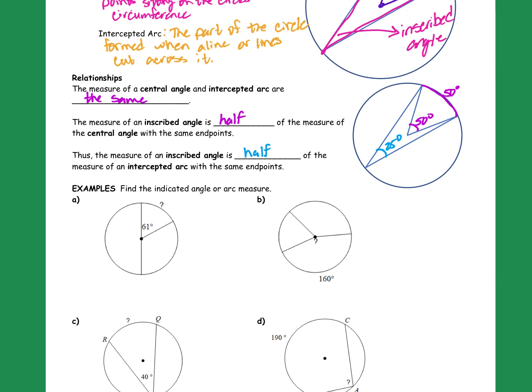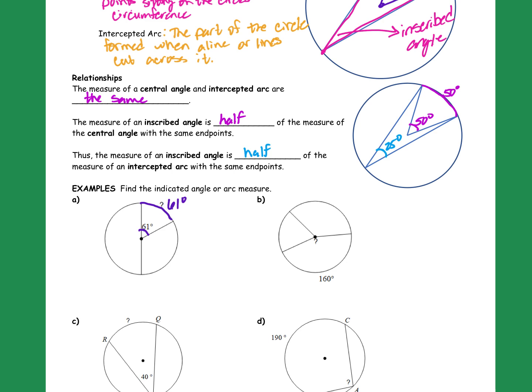So we're going to find out what the question mark is. It says find the indicated angles or arc measure. So if my central angle is 61 degrees right here, what's the measure of this arc? Yeah, 61 degrees. Boom. Nice.